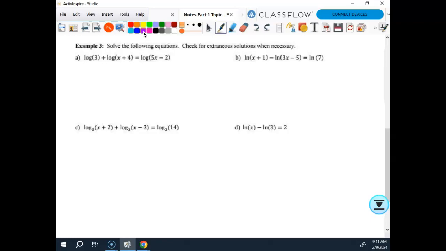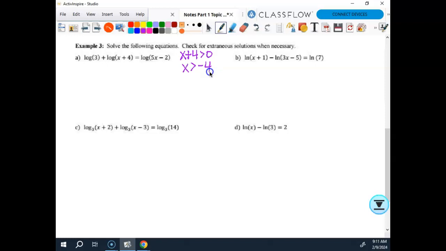I can look up here and say, I know that's an extraneous solution because -6 plus 4 would be -2, and I can't take the log of a negative number, right? But we can also just figure out what the domain actually is by saying we're going to take this x plus 4, and I know whatever that is, it has to be greater than 0. So that means that x has to be greater than -4. Would you agree with that?